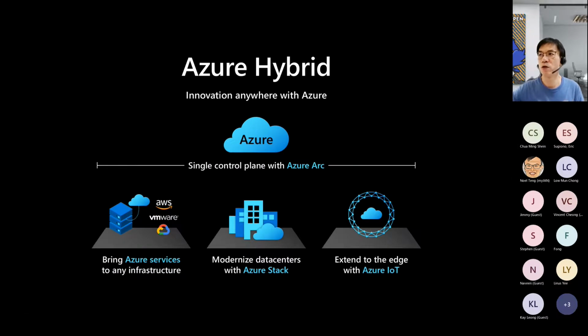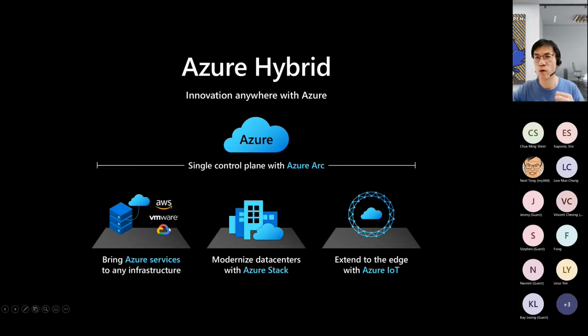What you're seeing here is a simple diagram of what a typical hybrid cloud setup is all about. You have the Azure cloud itself, then you have Azure Stack HCI, which resides in your data center.